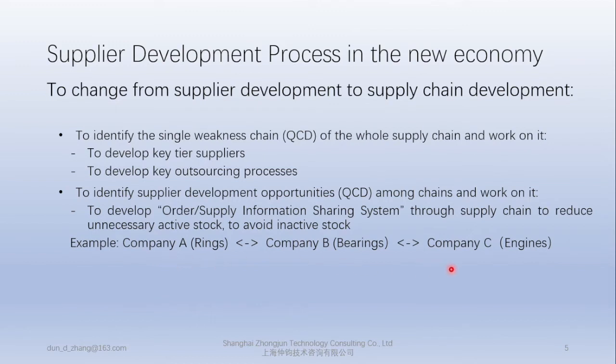And if, for example, company A did not produce the new rings which are required by company C, company C can also see it immediately, without involvement of company B. So if we have this kind of order and supply information sharing system among chains, we can reduce a lot of unnecessary active stock, avoid inactive stock, or even reduce the stop of production.